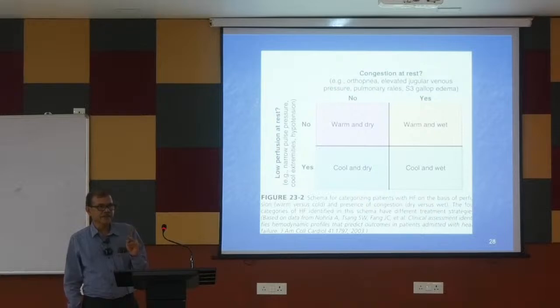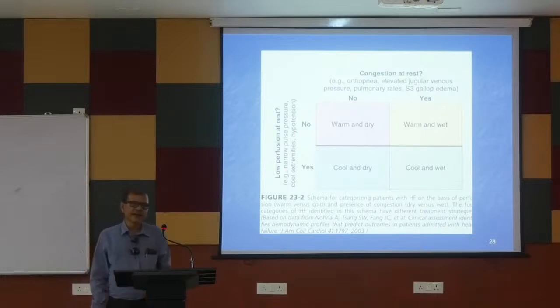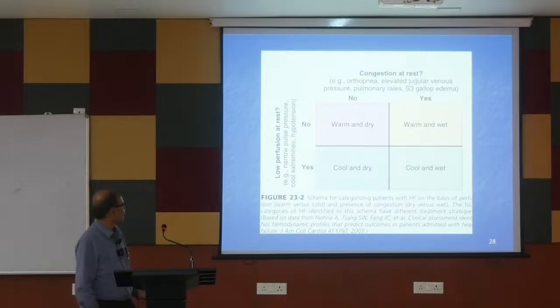Number eight, intensity of first sound that may be diminished, as well as presence or absence of S3 or S4, mainly S3. S4 is only present in a setting of diastolic dysfunction or heart failure at risk with evidence of LVH, left ventricular hypertrophy.